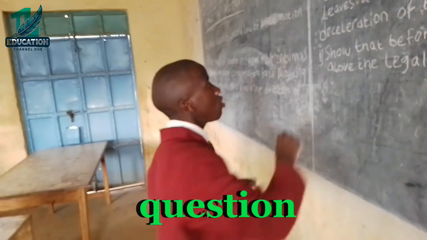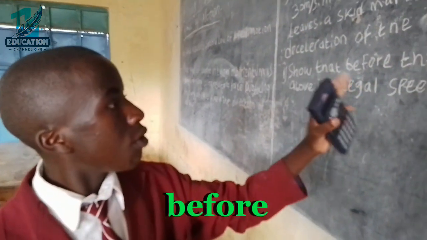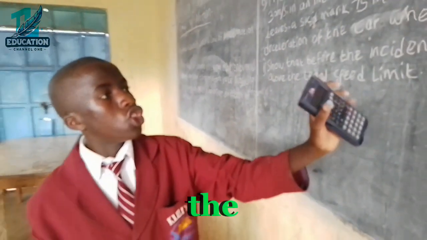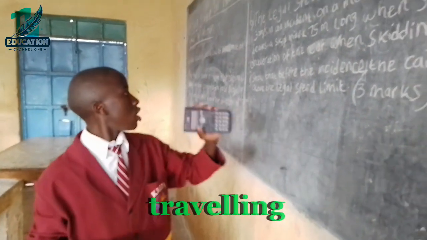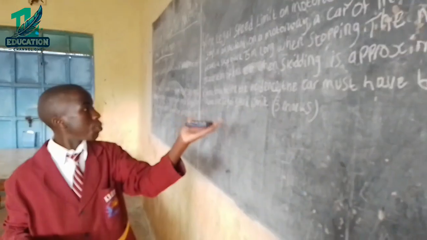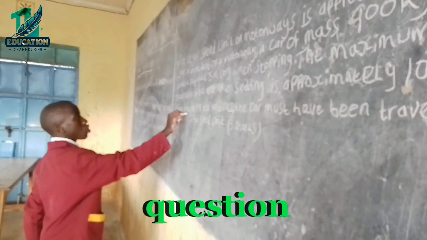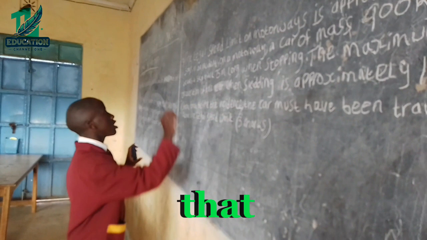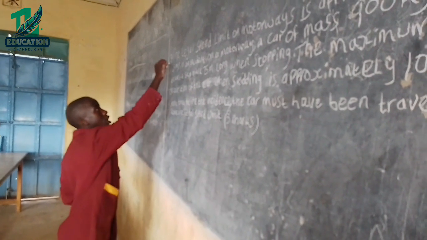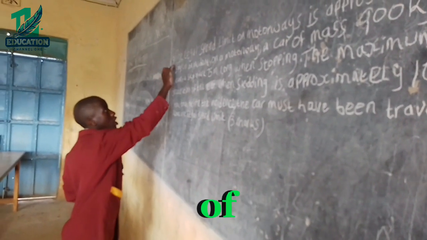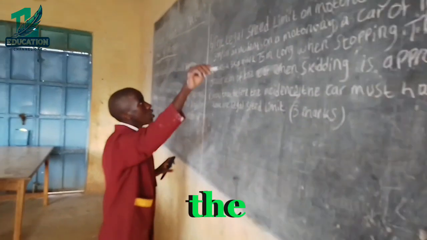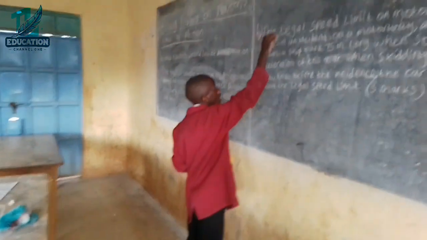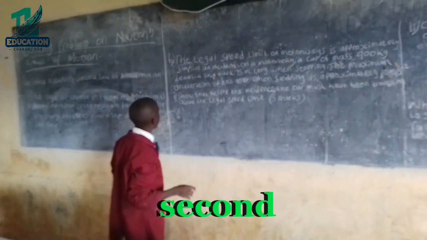Roman 1 question says, show that before the incident, the car must have been traveling above the legal speed limit. So our question is asking us to show that the initial speed of the car before the incident was above 30 meters per second.